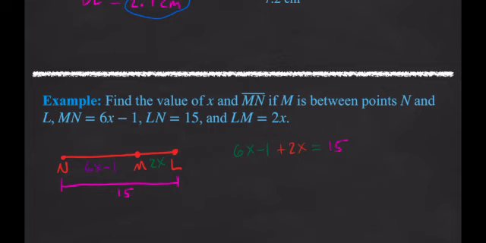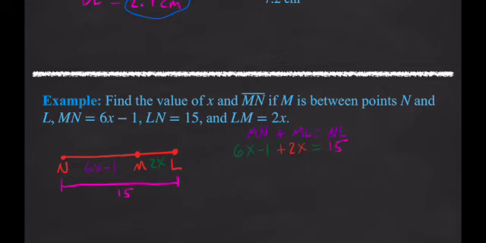Let me just spell out what we did. We have MN plus ML equals NL. Notice MN is the one to the left, ML is the other smaller segment. Two smaller segments equals a larger segment.